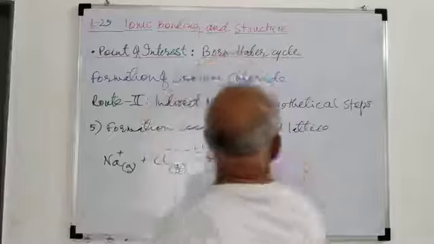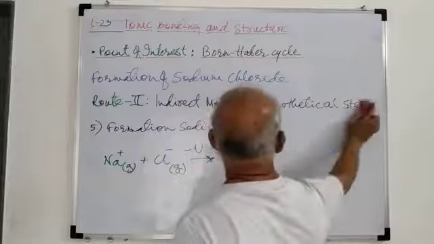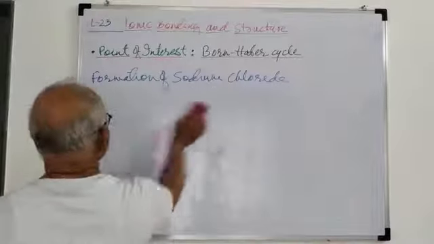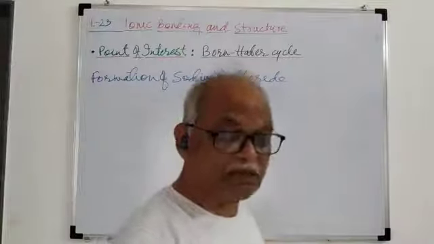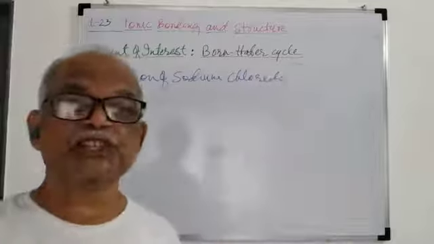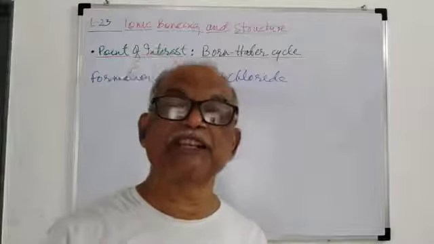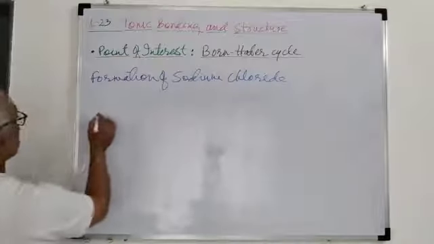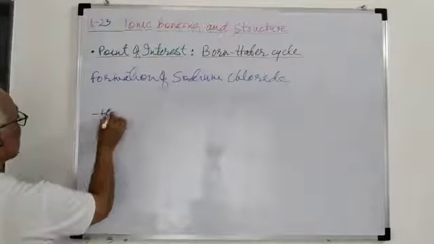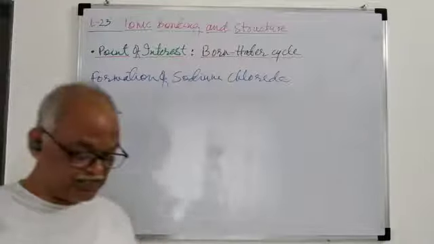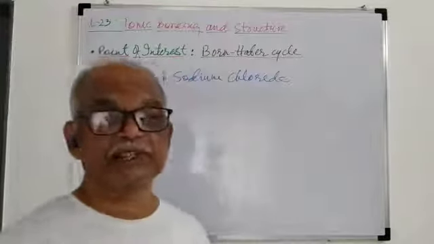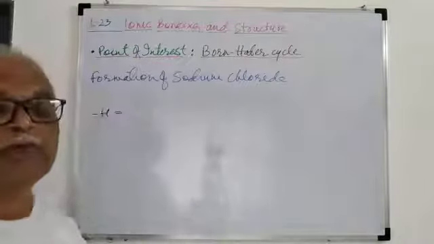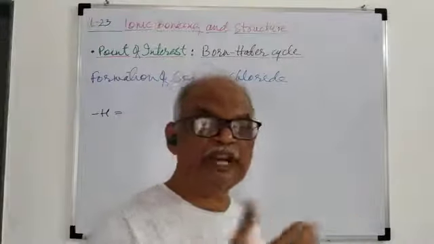Now we will show that the energy change, or change in enthalpy, is irrespective of the process. In route 1 we have seen that the change in enthalpy is minus H. And in route 2, the net change in enthalpy, we have divided route 2 into 5 steps.